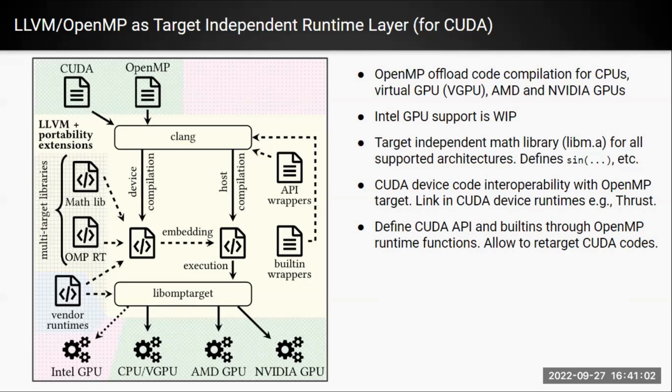And we implement these built-ins, like threadIdx.x, through portable OpenMP functions like OpenMP get thread id in block, which, if you target actually CUDA, translates back to what it would have been originally. But if you target AMD, it translates to something else.